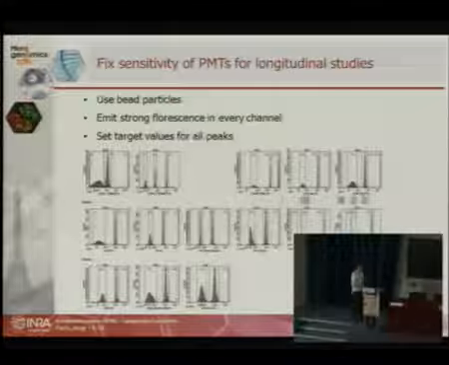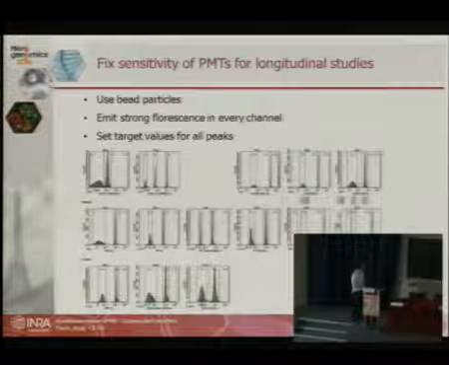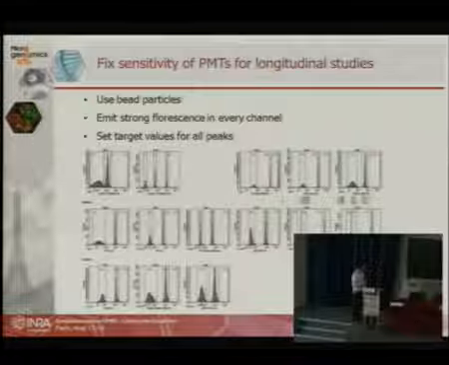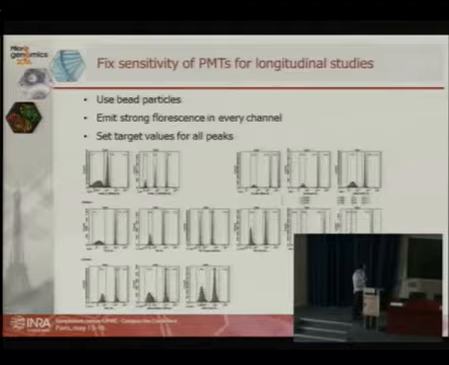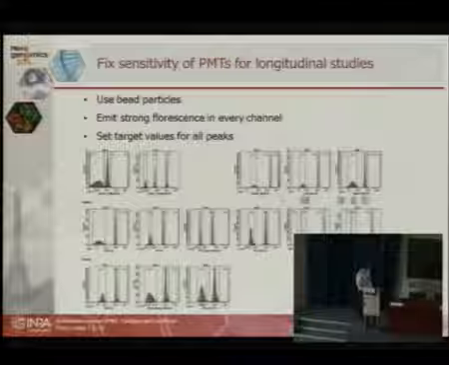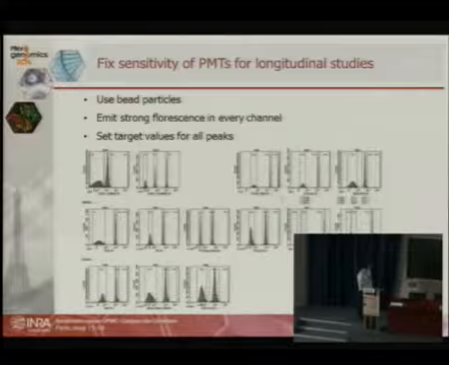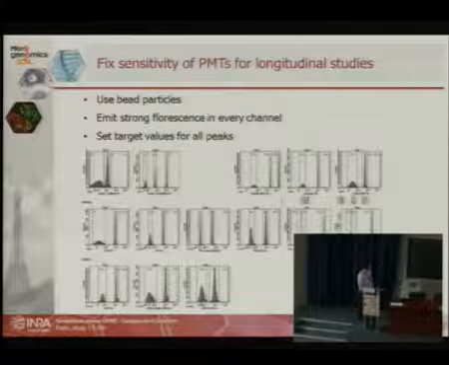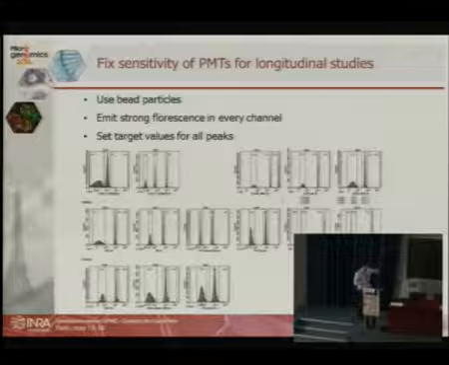So two ways. One way here is a traditional way using beads. So you use bead particles that actually emit strong fluorescence in all the channels of your machine, and you pass them without compensation, and you have several beads with different fluorescence intensity. And then you set interval gates and use this as a scaffold for your standardization.